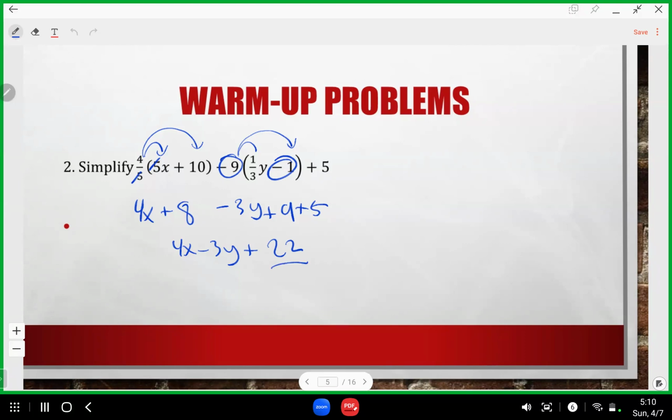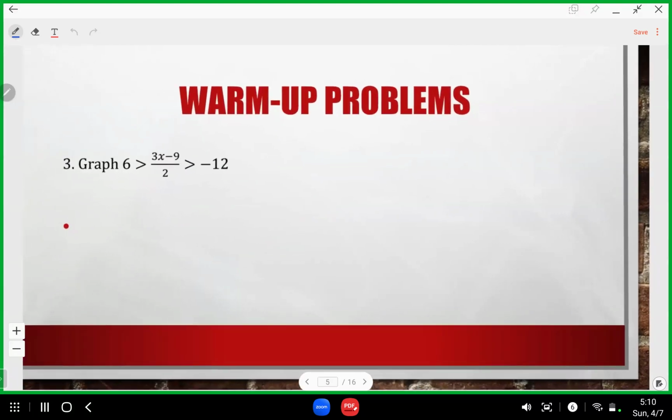Okay, let's move on to inequalities. I'm pretty sure we learned inequalities in Unit 3, so not too long ago. You should still remember how to do compound inequalities like this and how to graph them.